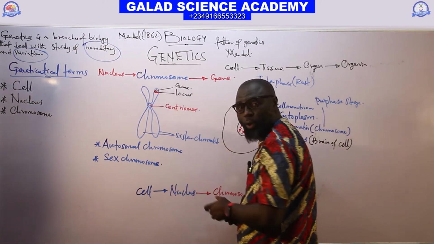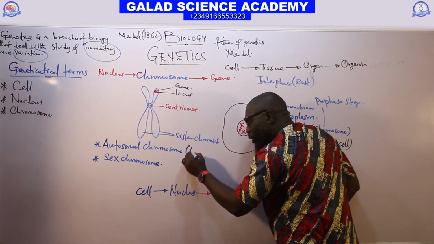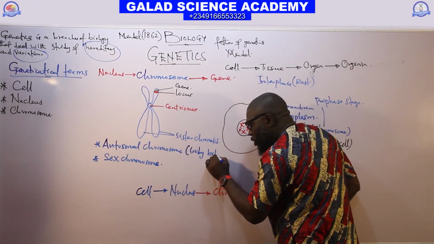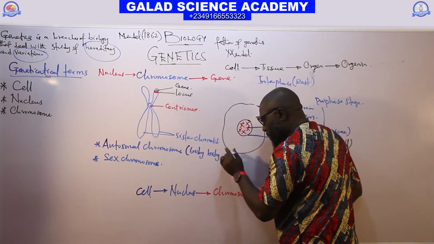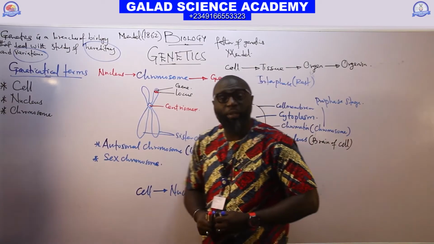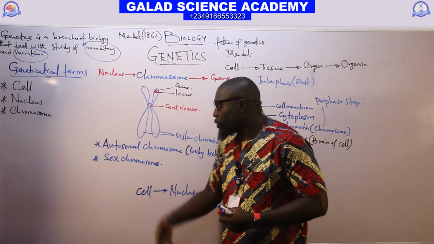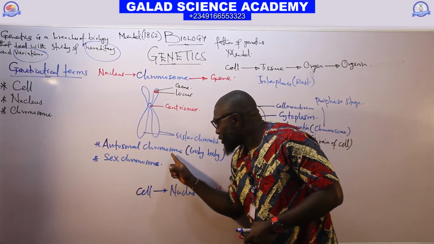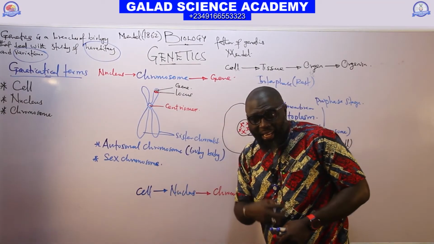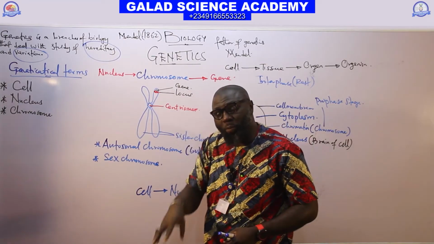This autosomal chromosome is also called body chromosome, because they are related to the body. And the autosomal chromosome in male is also the same as the autosomal chromosome in female.